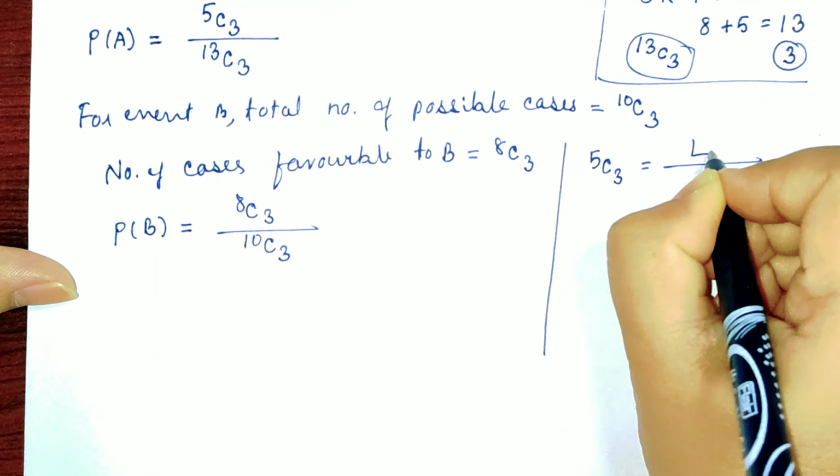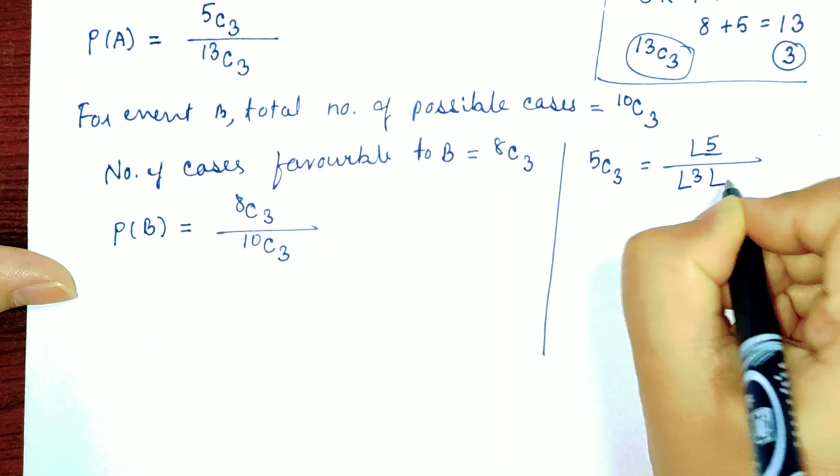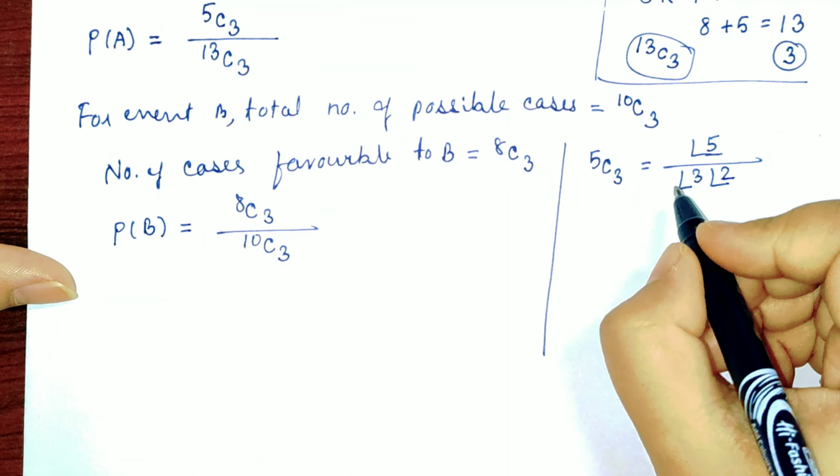5C3 value will be 5 factorial divided by 3 factorial times 5 minus 3, that is 2 factorial.